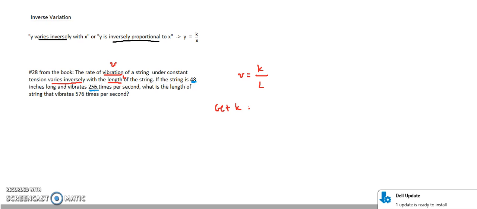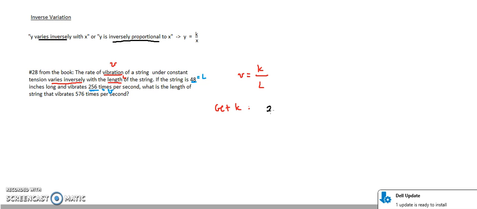So 48 and 256 are the two numbers that happen at the same time. So we need to figure out which one's V and which one's L. 48 inches long, that's going to be our length, L. And 256 times per second, that's going to be our V. Once we identify which one's V and which one's L, we can put them in here.